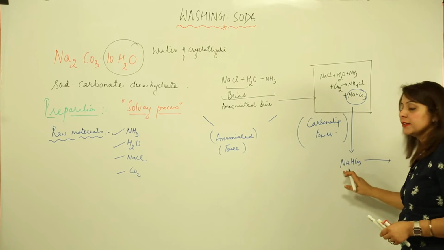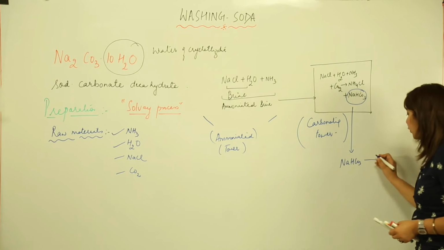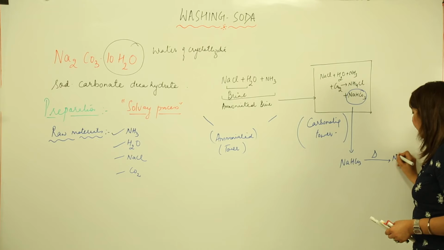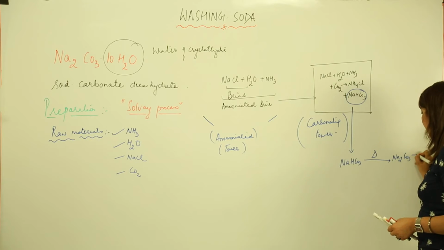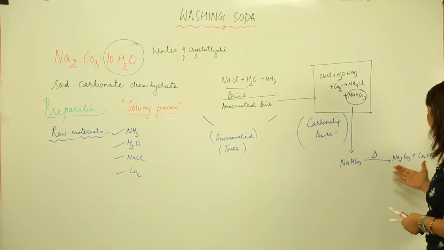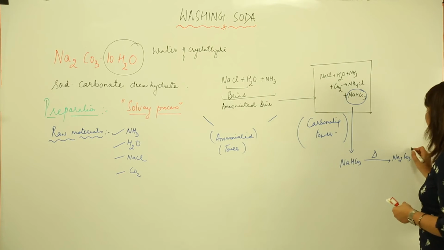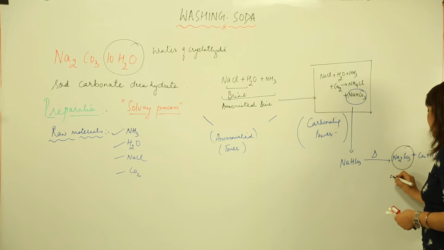You can see that it is sodium bicarbonate, and we wish to get sodium carbonate. So we will heat it, and when we heat it, we will get sodium carbonate, CO2 and water vapor. This sodium carbonate is anhydrous.